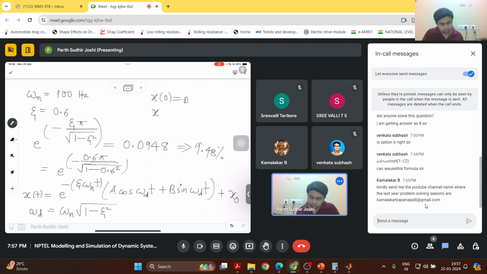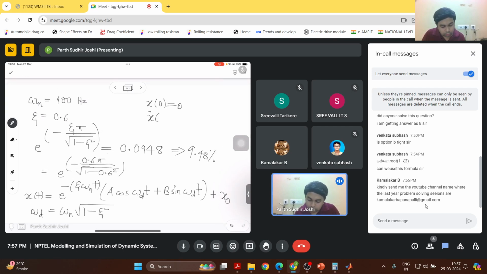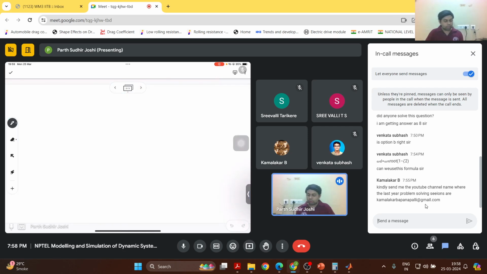and x dot 0 is also 0. And if this x naught, the steady state displacement value, is known, then we can incorporate the initial conditions and find out the values of the coefficients a and b, and then we can plot the response.